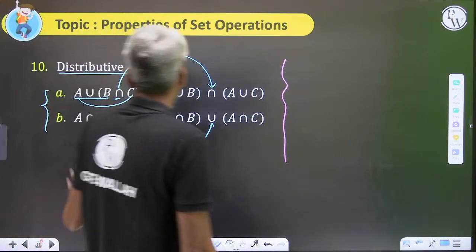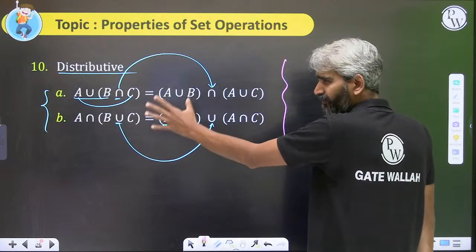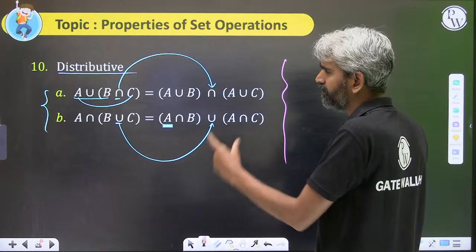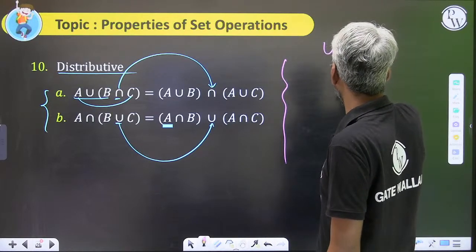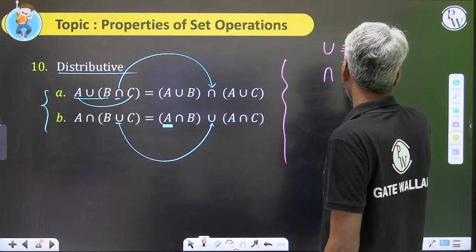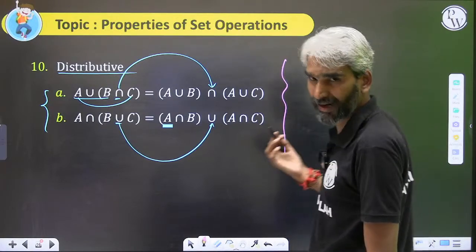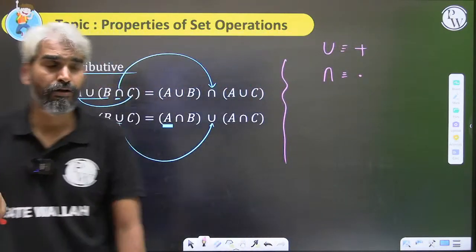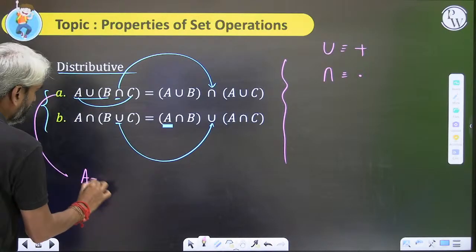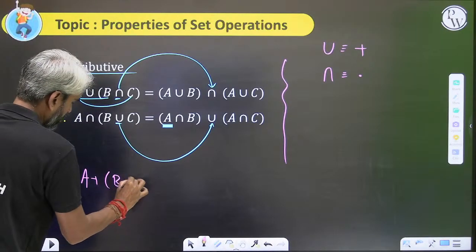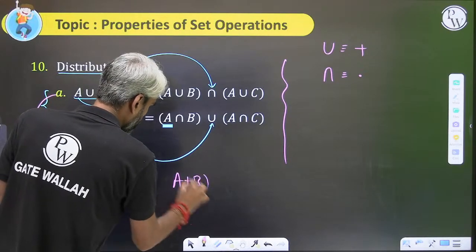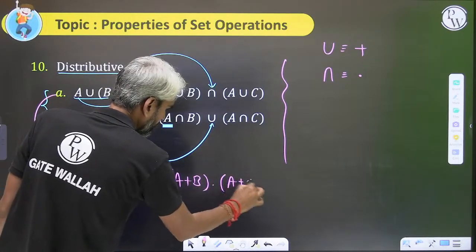Okay. So if you want to visualize this in the form of Boolean algebra, what can you do? You can think of union as plus, and you can think of intersection as multiplication, that is OR and AND. So A union (B intersection C) will become A plus B dot C, which equals (A plus B) dot (A plus C).